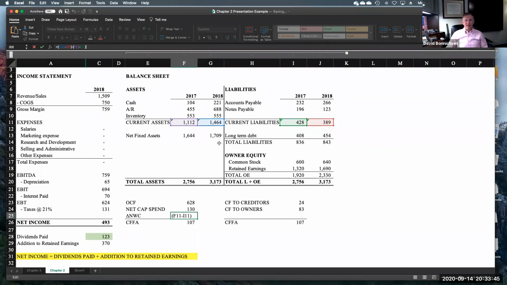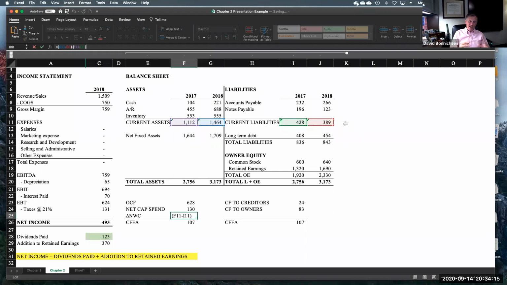So for 2018, the net working capital is the current assets of 2018 minus the current liabilities of 2018. So that minus the same for 2017. So current assets minus current liabilities. Okay, I gotcha. So net working capital is current assets minus current liabilities.